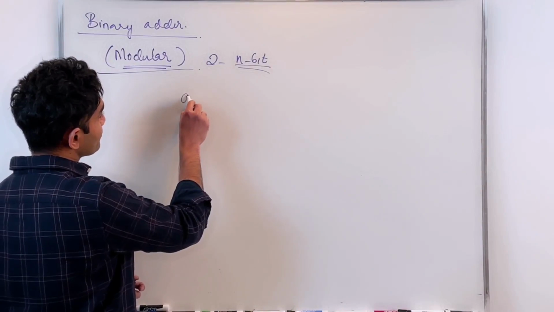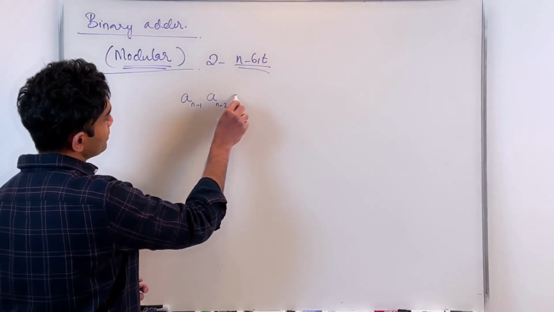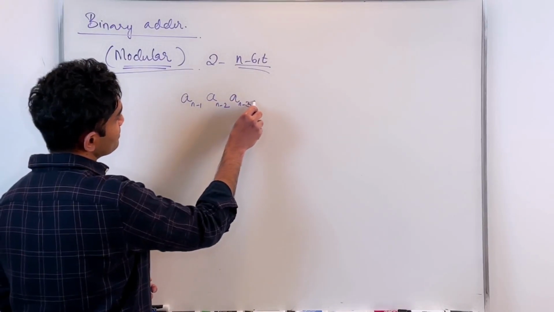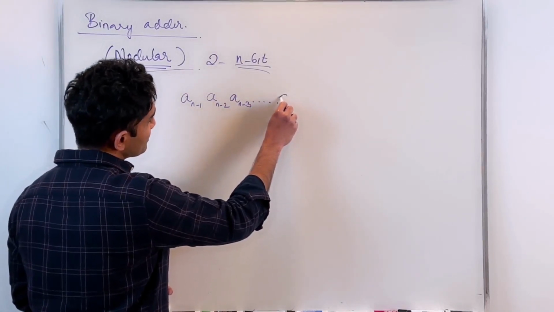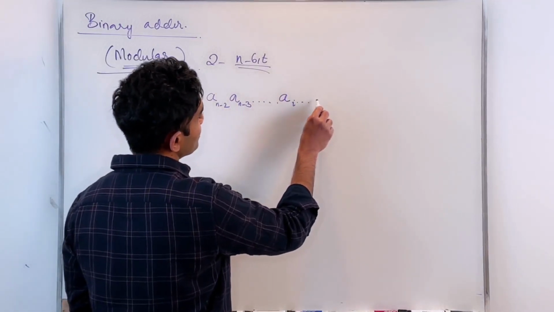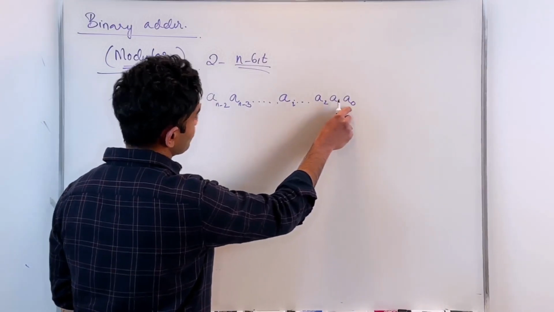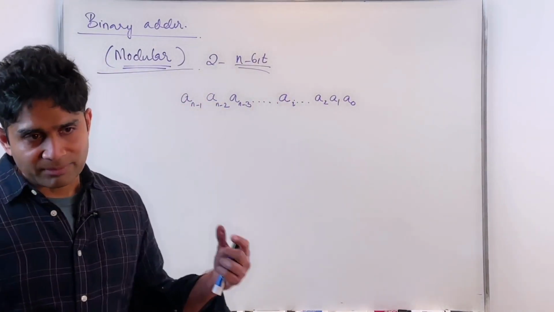Let me call them a n minus 1, a n minus 2, a n minus 3, and some intermediate bit position ai, and so on, a2, a1, a0. So again 0 to n minus 1, that's basically n bits.